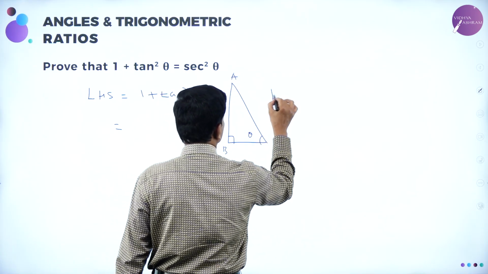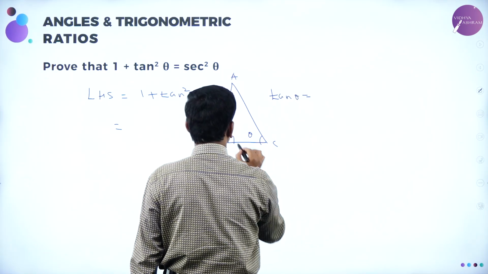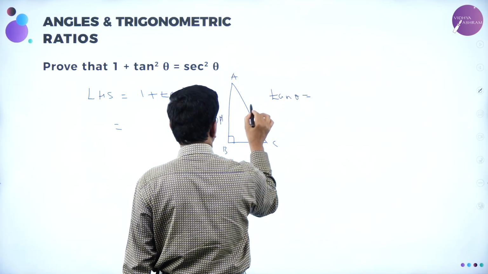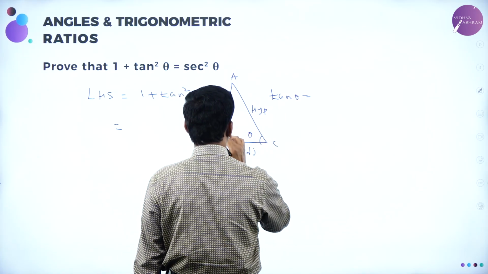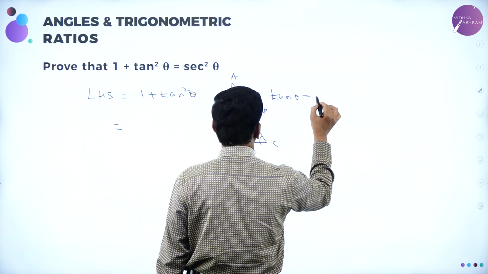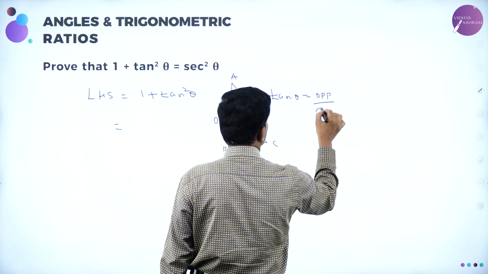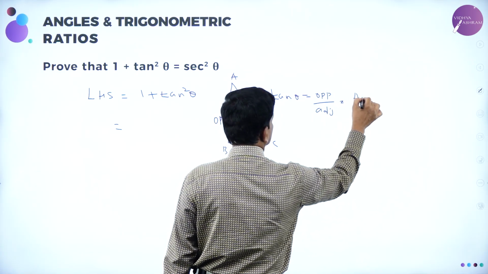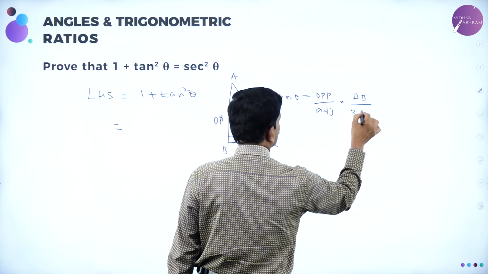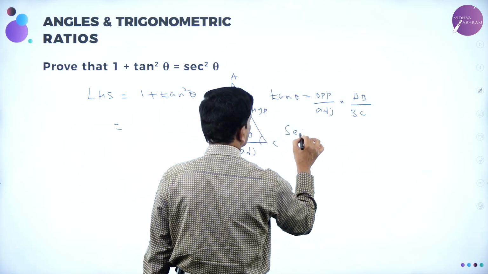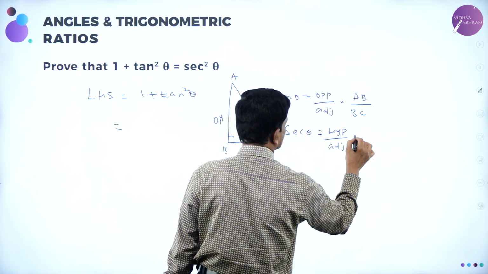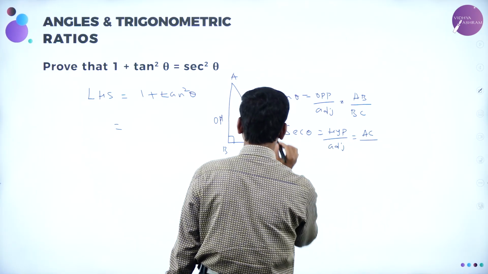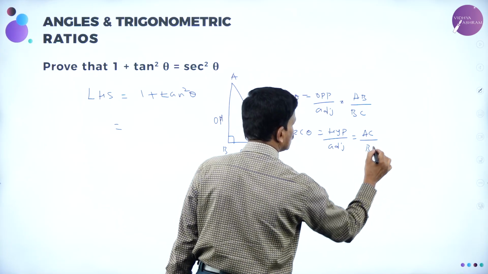What is tan theta from the figure? Tan theta, this is opposite, hypotenuse and adjacent. Tan theta is nothing but opposite by adjacent, that is equal to AB divided by BC. What is secant theta from the figure? Secant theta is hypotenuse divided by adjacent, that is equal to AC divided by BC.